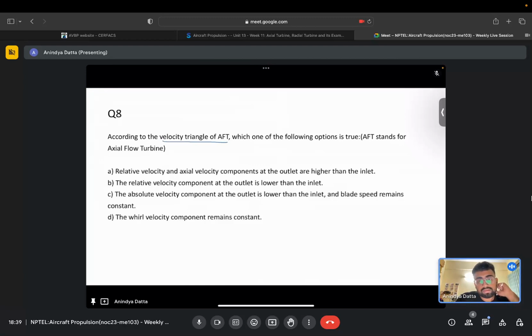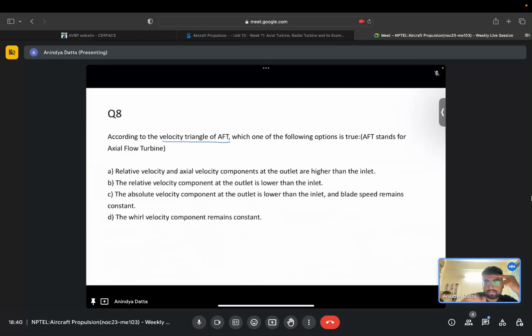I will give you some time to go through the options and tell me which is the correct option. Just go through the options carefully.